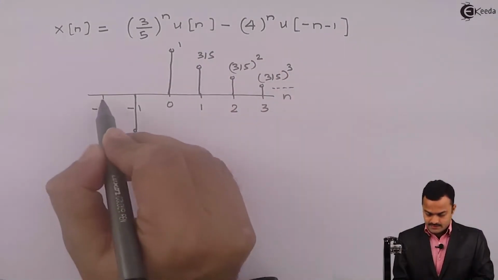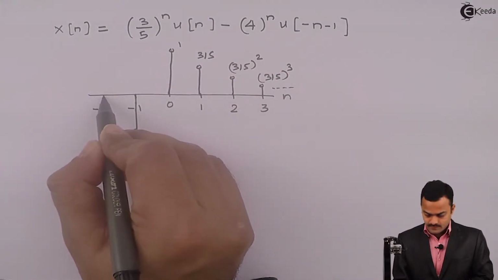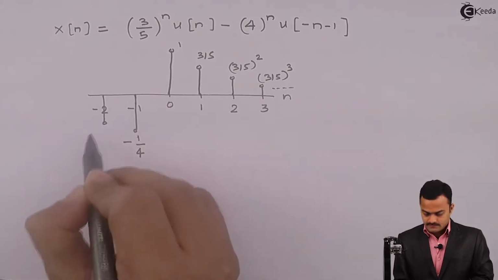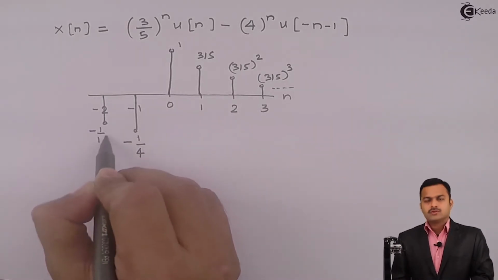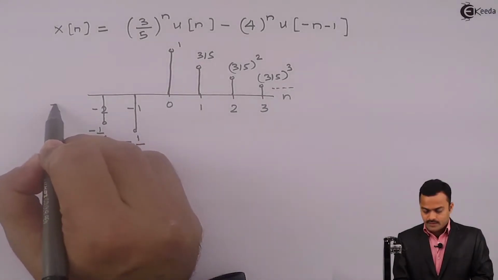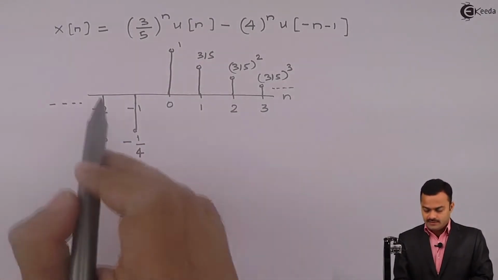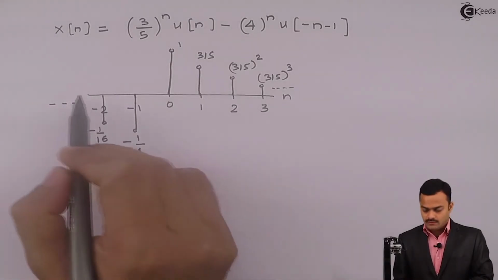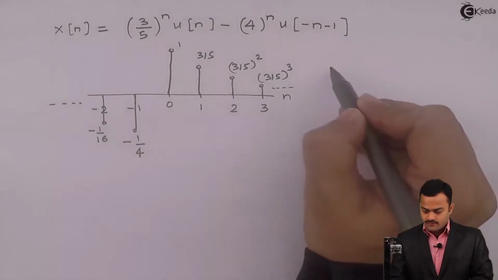So we will get a plot like this. In the negative values of n in this region, the signal is also converging. So this is x of n.